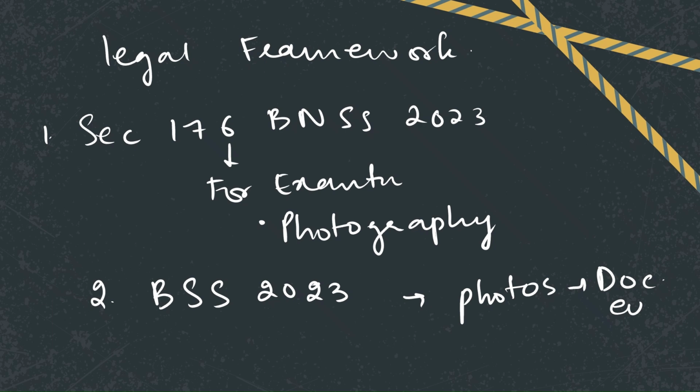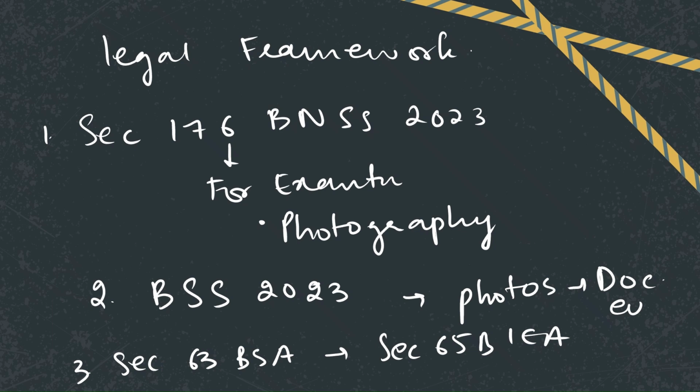or altered before photographing. Then there is Section 63 of the Bharatiya Sakshi Adhiniyam, which corresponds to the old Section 65B of the Indian Evidence Act. It governs the admissibility of electronic records, including digital photographs and videos.